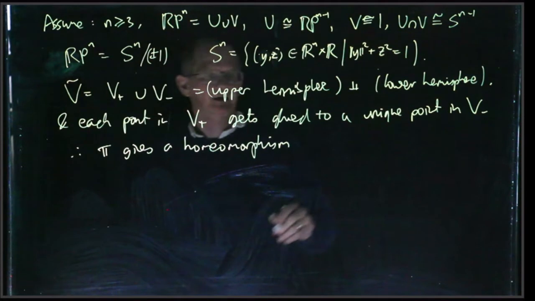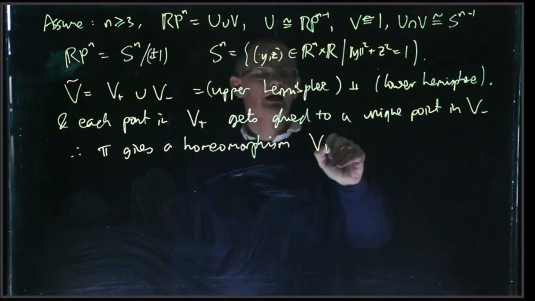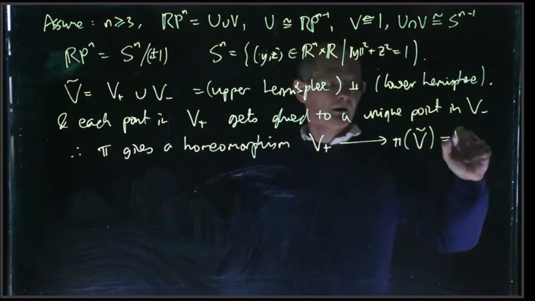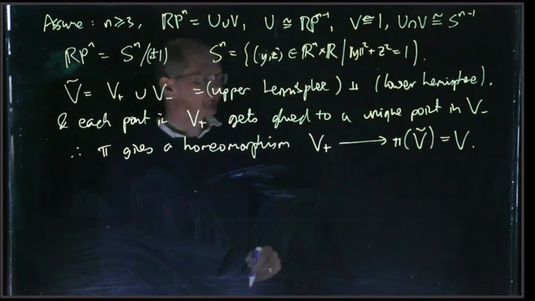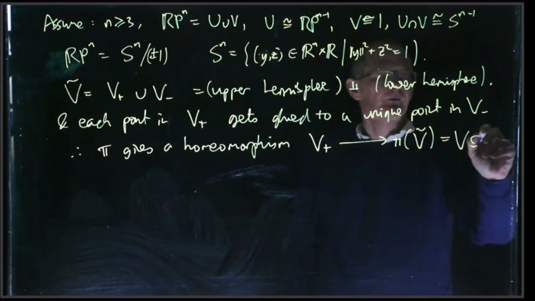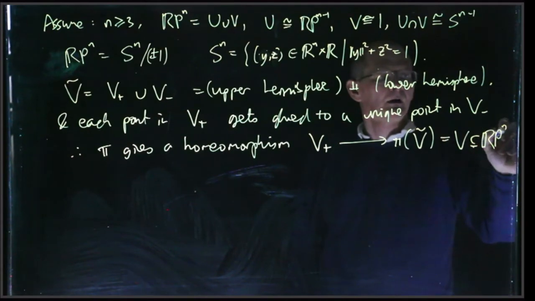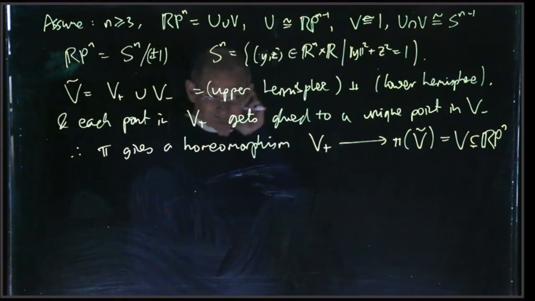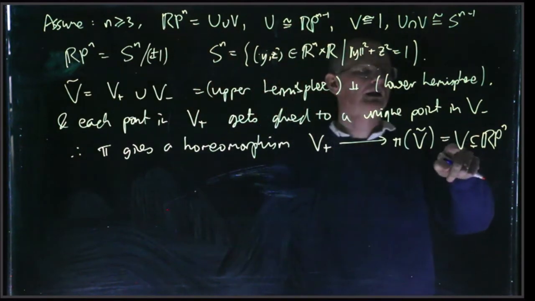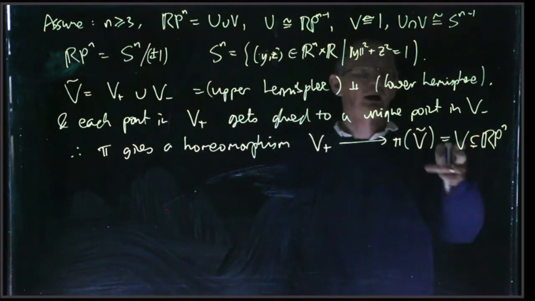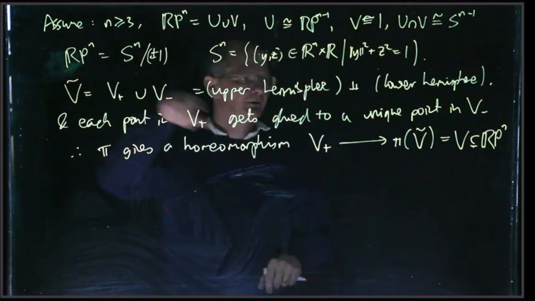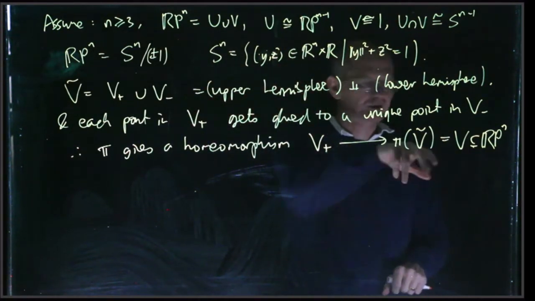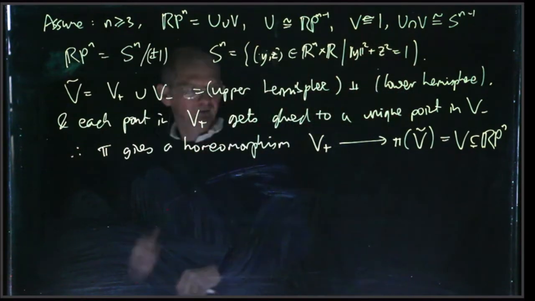So pi is going to give us a homeomorphism from V plus to the space V, remember V was the image of V tilde in RP^n. So every point in V has precisely two pre-images in S^n, one in the upper hemisphere, one in the lower hemisphere. So pi is giving us a bijection from the open upper hemisphere to V.